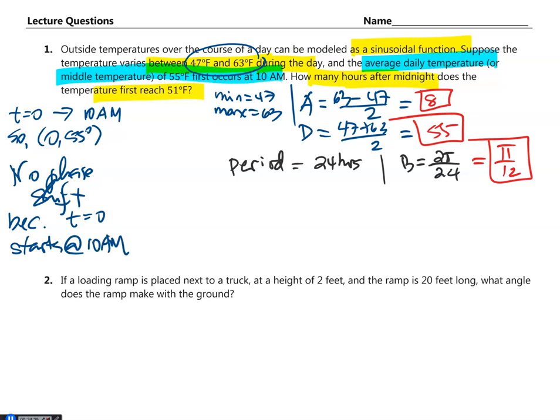So now we can write our equation. So it's going to be y is equal to, A is 8, and this is sine of pi over 12 t plus 55.